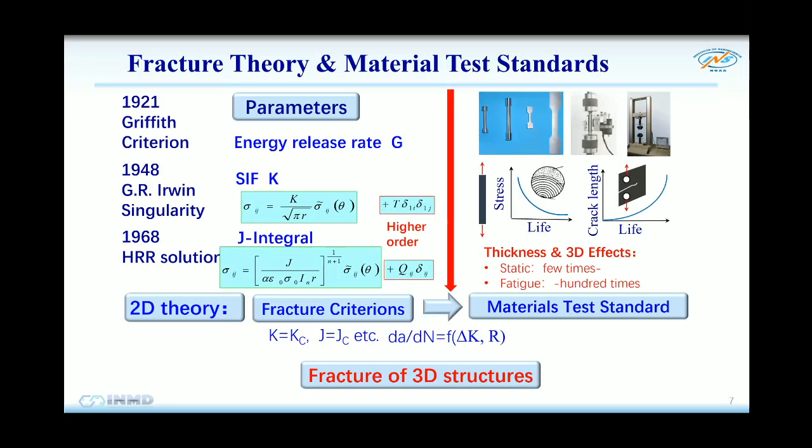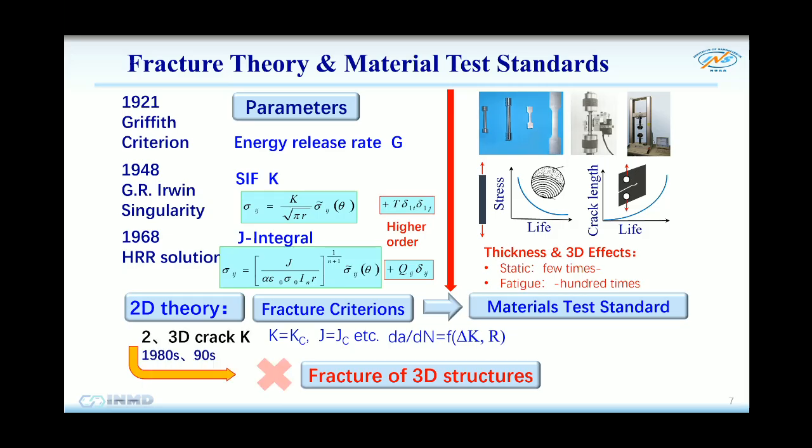But as we see, all this theory is based on two-dimensional models, and our structures are three-dimensional, especially when the crack initiation is always a micro three-dimensional one. So how to use this two-dimensional theory and the two-dimensional-based material test properties to make predictions for the real three-dimensional structure?